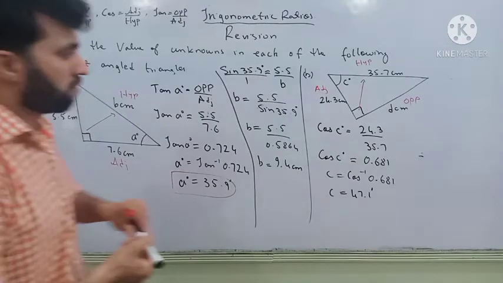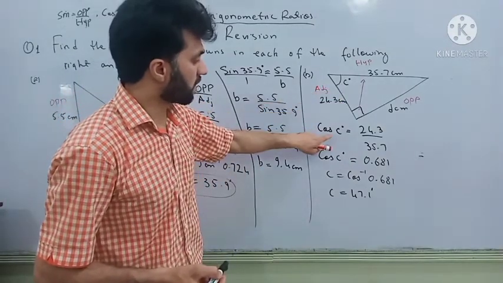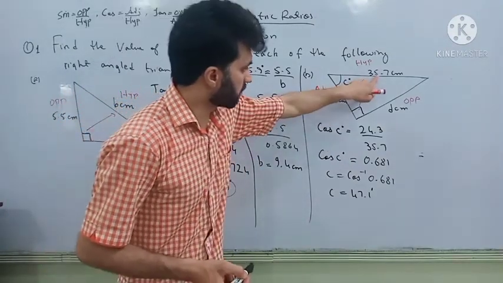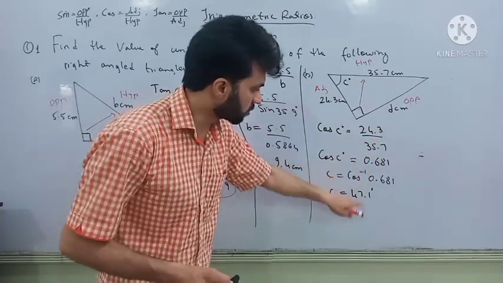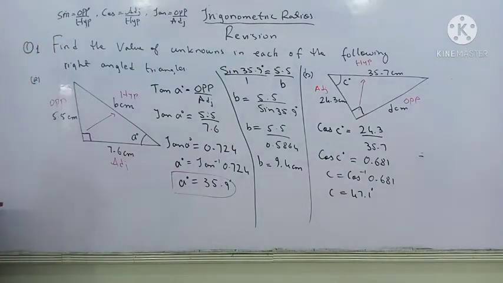So for finding out C, we can apply cos because we have adjacent, we have hypotenuse. Apply the formula, then divide it, then take inverse, and C is equal to 47.1, right?